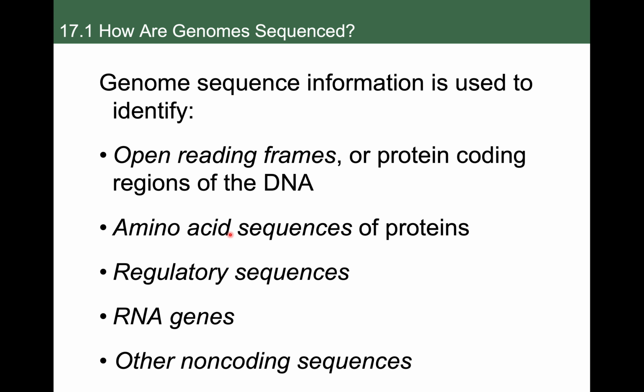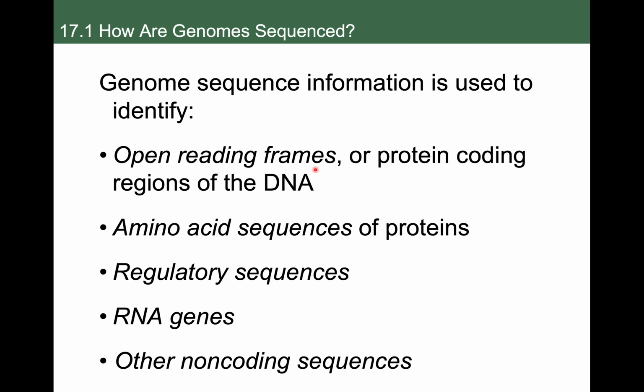So, what kind of things can you do with a genome sequence once you have it? Well, just in terms of better understanding the genome that you sequenced itself, one thing you can do is you can identify the genes, or what are often called the open reading frames. So this would just be the portions of the genome that actually code for proteins.